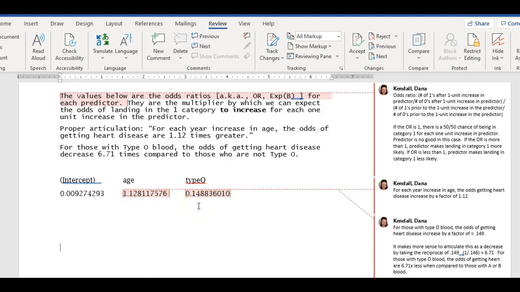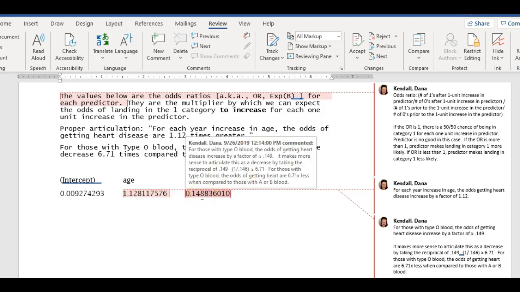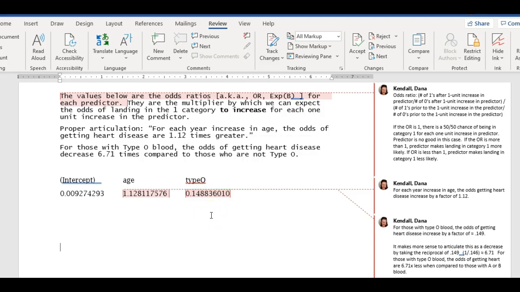Big picture: we have one variable that's positively related to landing in category 1, that makes it more likely, and then we have the other variable in the equation that is working in the opposite direction. It's creating a situation where we are less likely to land in category 1 with the increase in this one. So it's all in how you code it, and it's all in interpreting these ORs. The important thing is to help it make sense for your audience or your client.